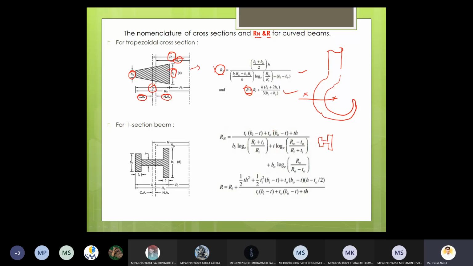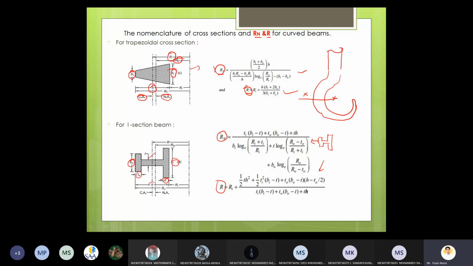so blindly go through these equations. What is that? Rn and R. Okay. So it means you have to do lot of work. That is, you have to remember these all equations. And see here the terminology in this figure. B naught is the outer width, Bi is the inner width, thickness of the web, thickness of the flanges, and the total height of the figure.